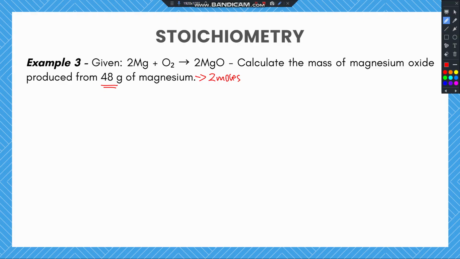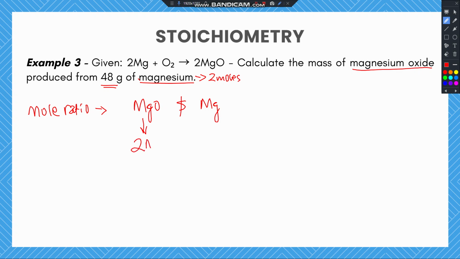Step number 2 would be to obtain the mole ratio from the chemical equation. So how do we get the mole ratio? It's quite easy. From the question they said calculate the mass of magnesium oxide. So we're dealing with magnesium oxide and we're dealing with magnesium. From the equation, we can see that magnesium oxide was written as 2 MgO and magnesium was written as 2 Mg.